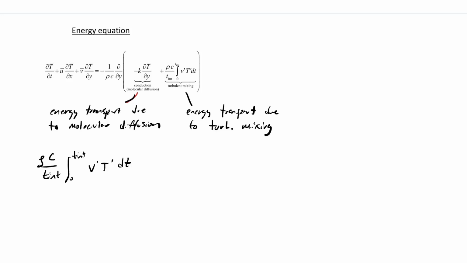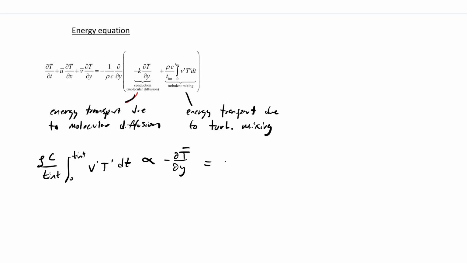Like the momentum term was proportional to v prime u prime, which is proportional to the gradient, this is proportional to the gradient of temperature with respect to position. So this is proportional to minus dT bar dy.